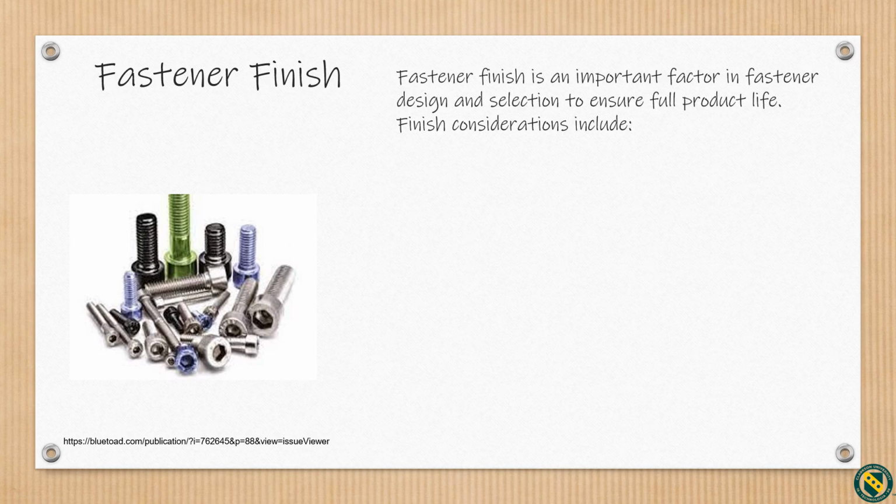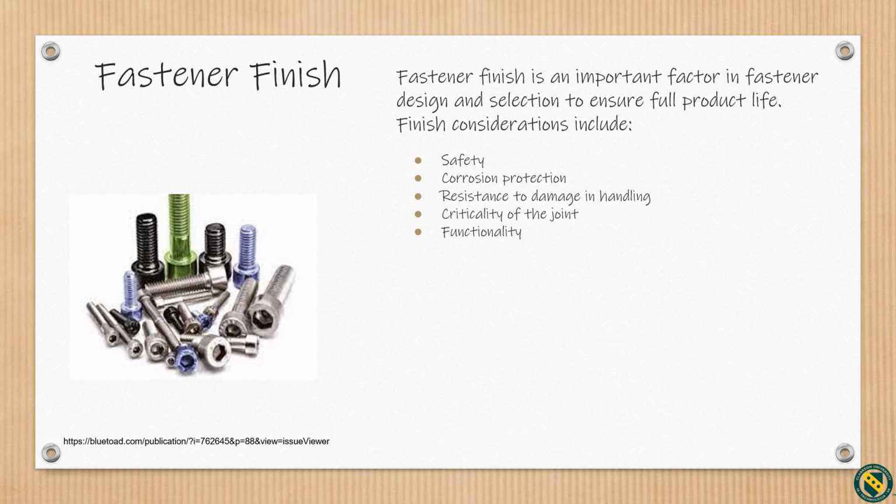Fastener finish is an important factor in fastener design and selection to ensure full product life cycle. Finish considerations include safety, corrosion protection, resistance to damage and handling, criticality of the joint, functionality, cost, availability, and aesthetics.